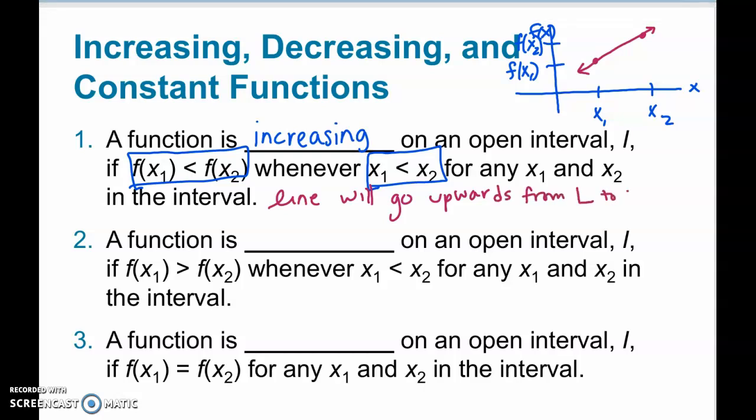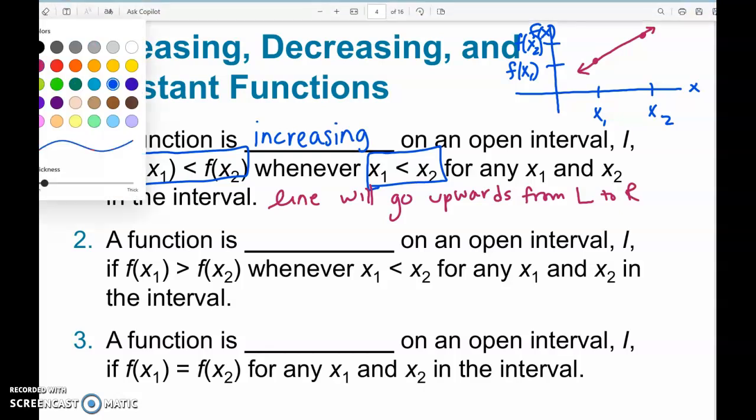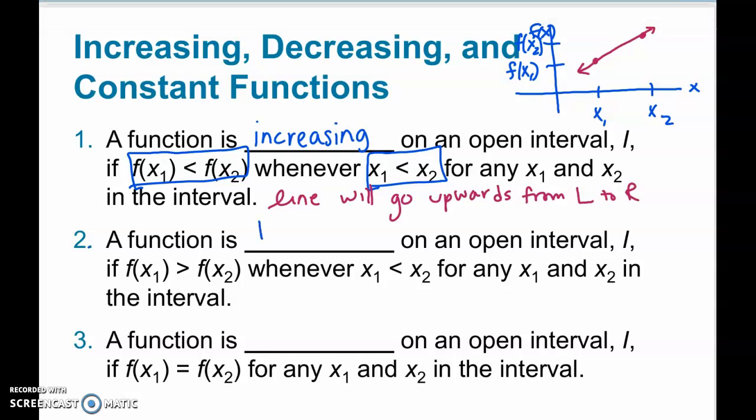from left to right. Now, our next sentence here, number 2, a function is decreasing on an open interval. So open interval I, you've got the first point is less than the second point, x sub 1 is less than x sub 2. So this is the same here, but f of x sub 1 is greater than f of x sub 2.